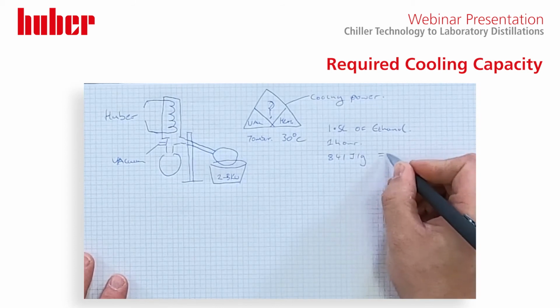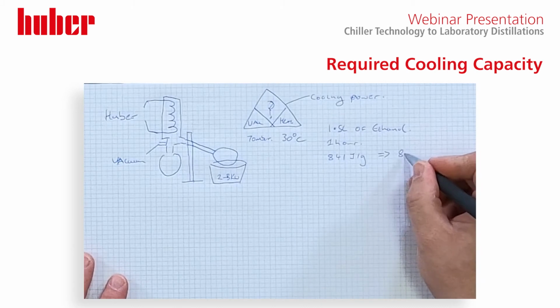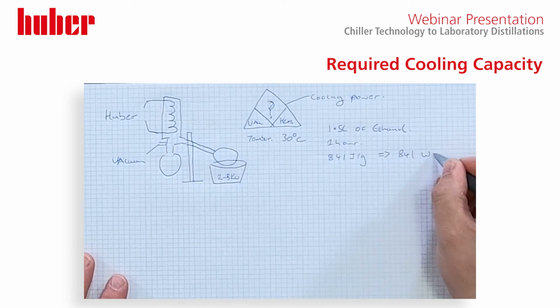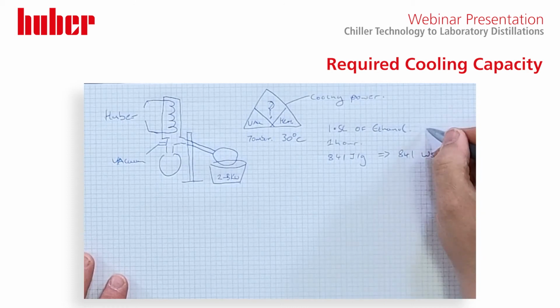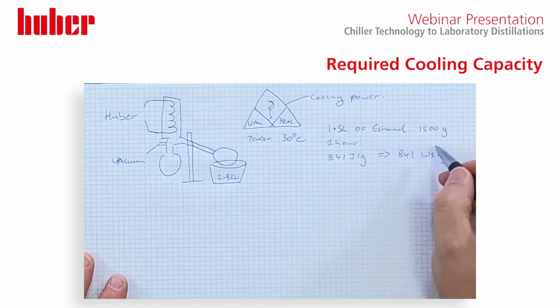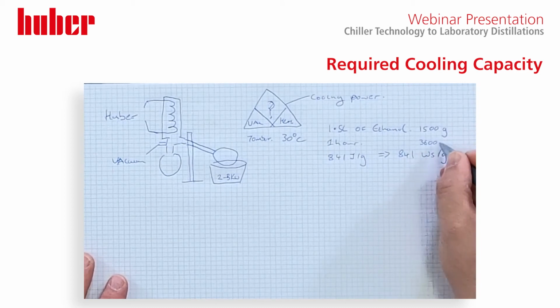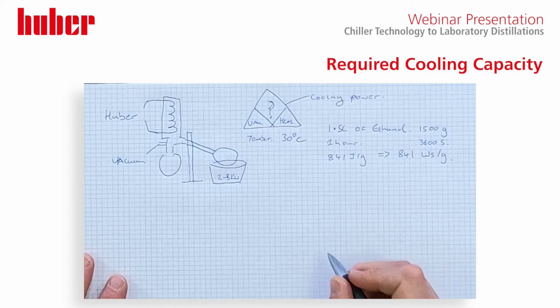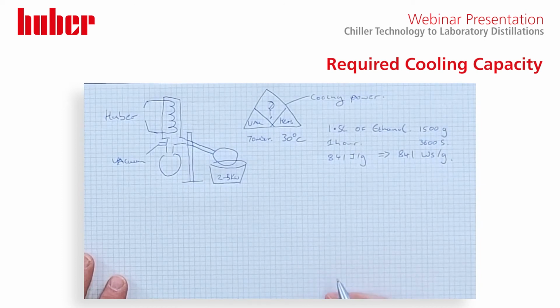So if we do a quick conversion here, that is essentially 841 watt seconds per gram. And as we're distilling ethanol, we want to go back to grams. So density of ethanol is roughly 1, so we'll be able to say 1500 grams. And while we're at it, 1 hour is 3600 seconds. So we've got all of our base units converted to standard SI.